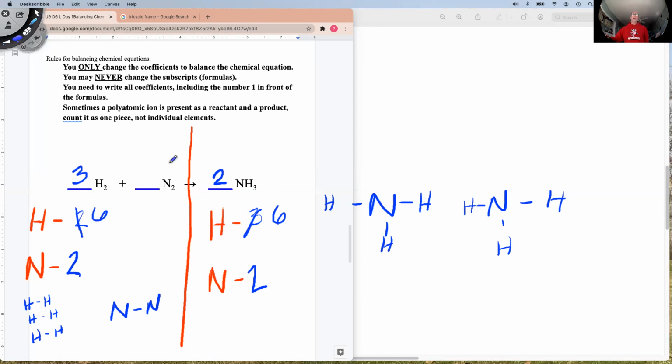But the balancing has to come in to make sure that the same number is present. Now, we're not done because I want you to put a 1 right there. Every single compound or element has a coefficient in front of it. So the balanced chemical equation would be 3 hydrogens plus 1 nitrogen yields 2 NH3 molecules, or 2 ammonias.